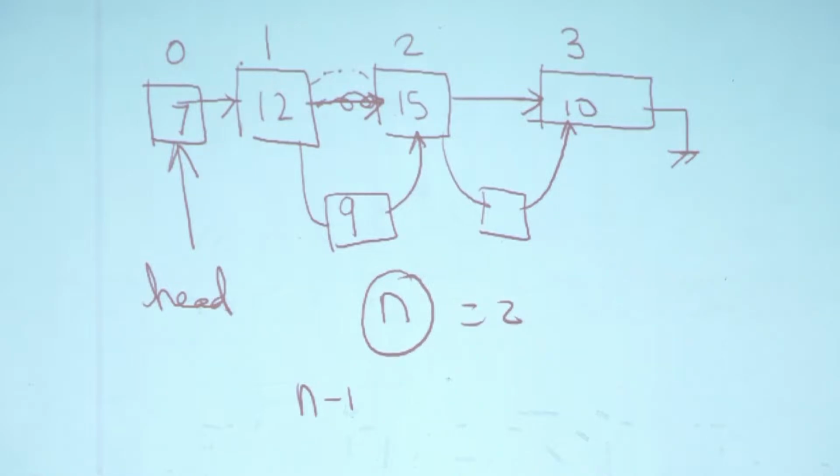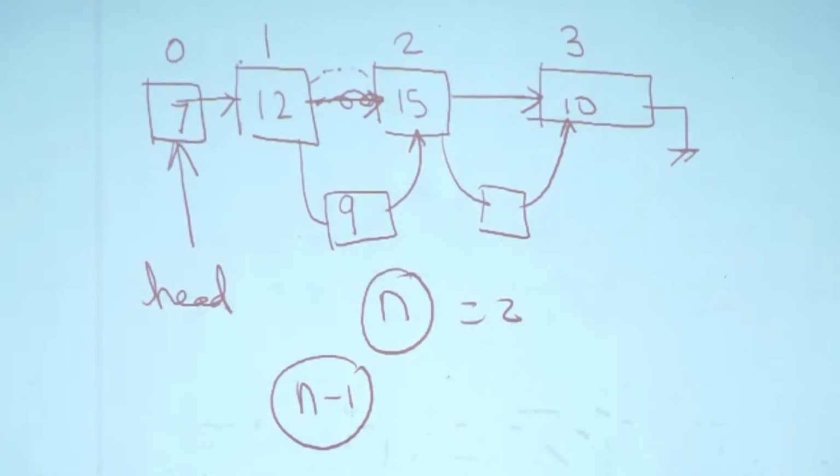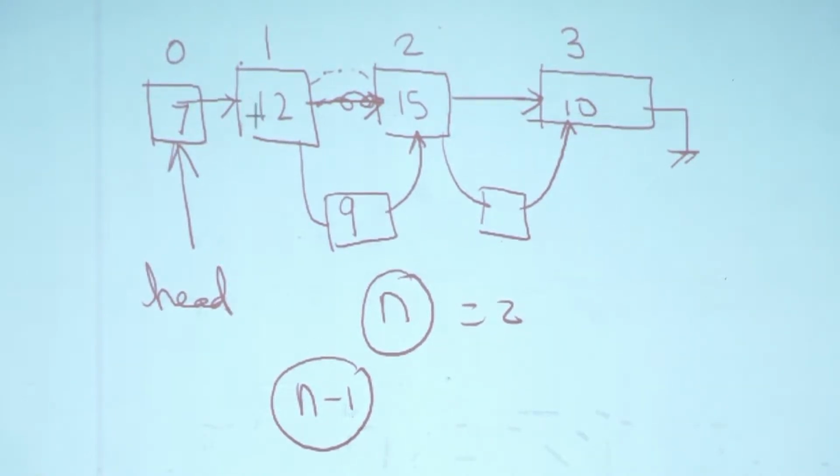So if I say I want to insert at position n, we have established that we have to anchor ourselves at position n minus 1. And how do you anchor yourself at position n minus 1? You have to move forward n minus 1 times. Suppose you are at the head, how will you reach position 1? You reach position 1 by moving forward 1 time.